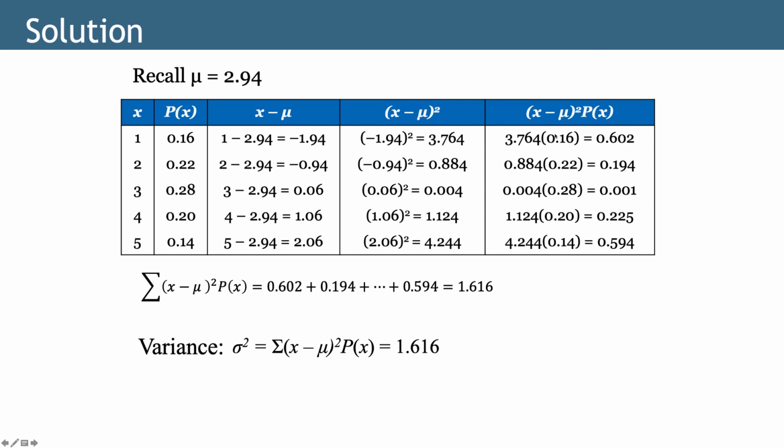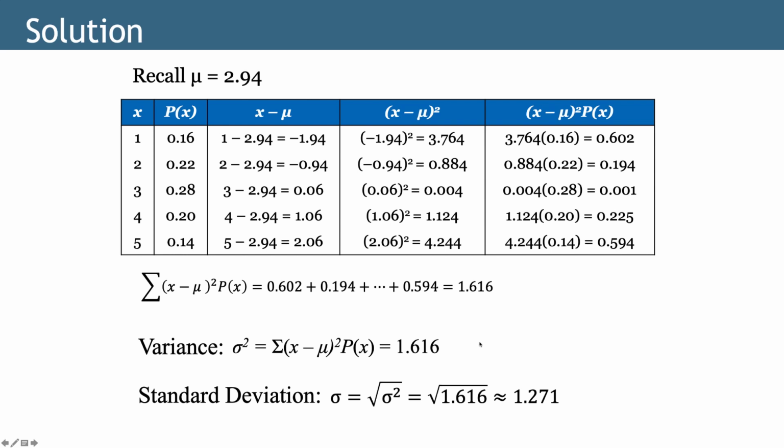And then now we actually take it times the probability. So I'll take this number times the probability, and then I get a bunch of these, and then the formula says, hey, add all those up. In other words, add up this column now. That gets you the variance, and then if you wanted the standard deviation, you take the square root of that. There you go. So roughly spread out 1.271 on average around that mean. Okay? So there's your variance and standard deviation.